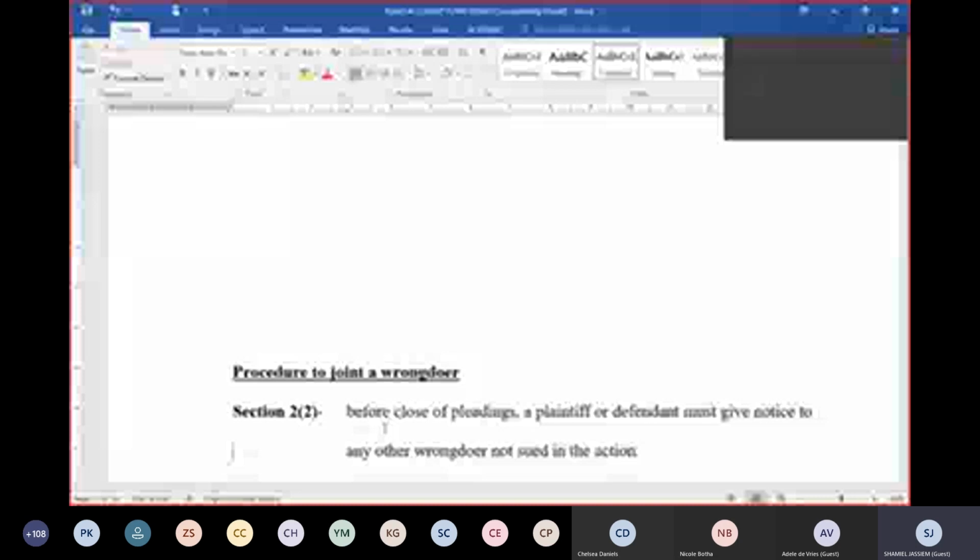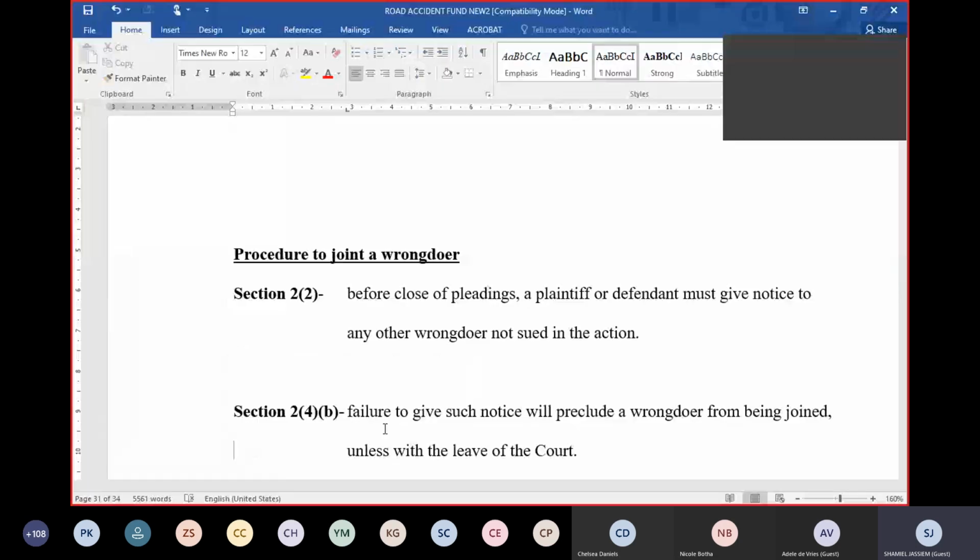If it's after close of pleadings and you want to join the wrongdoer, you may only join if you get the leave of the court to do so. So the general rule is this notice in terms of section 2.2 must go out to the party you'd like to bring before court. However, it must go out before close of pleadings. If it's after close of pleadings, you may not send that notice unless you obtained the leave of the court.